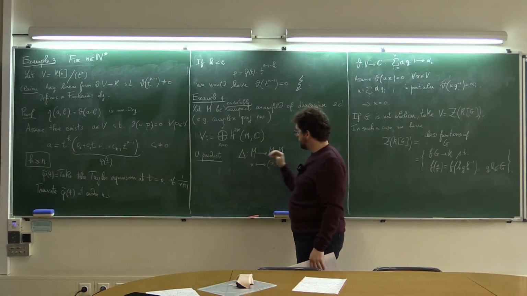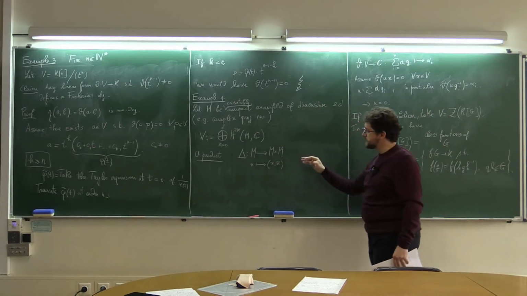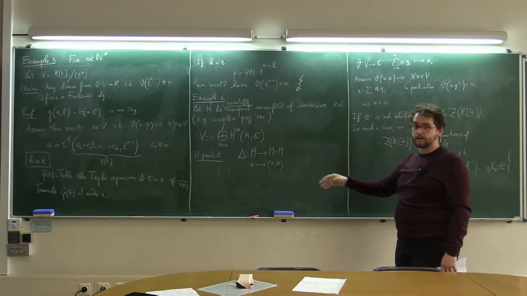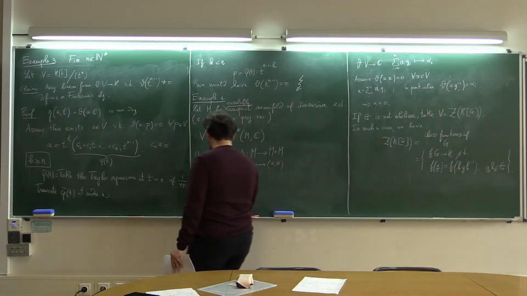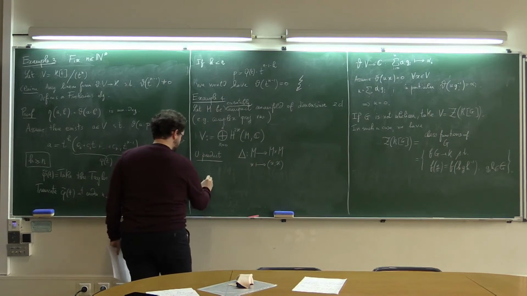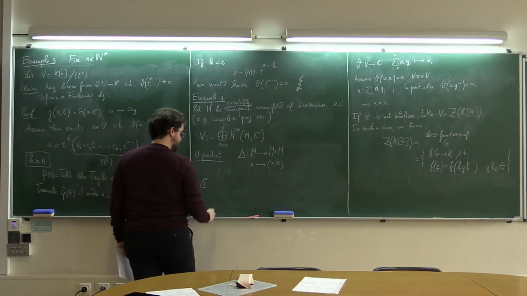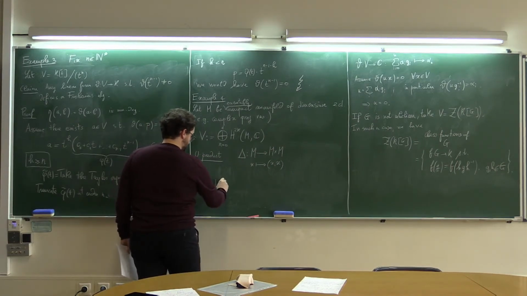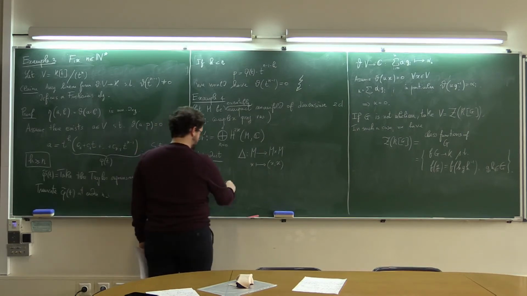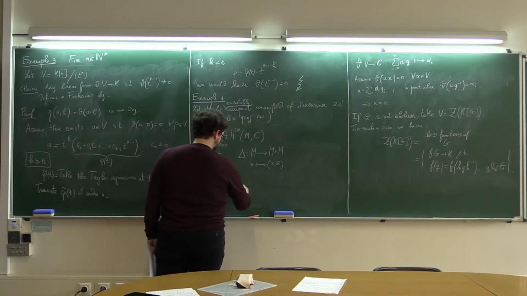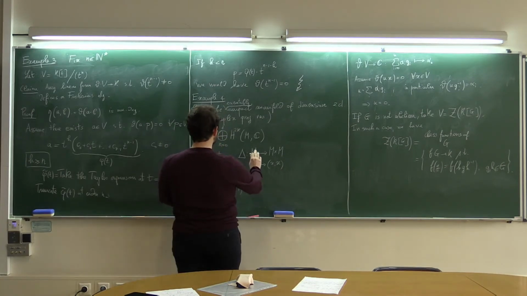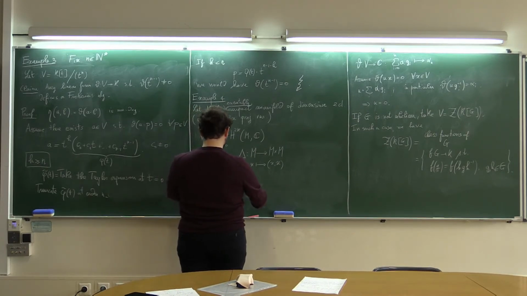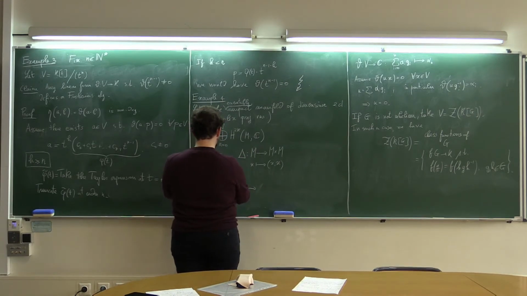Whenever we have a morphism of topological spaces, we have morphisms in cohomology, but in the other way around. So such a morphism induces a morphism from the cohomology of M times M to the cohomology of M. Of course, here now I am using just the even part.